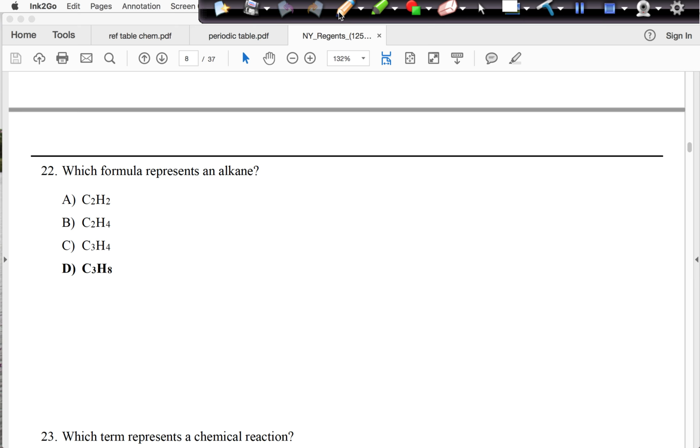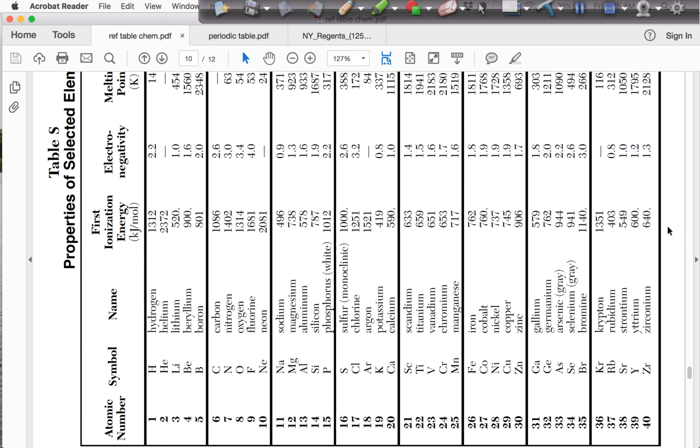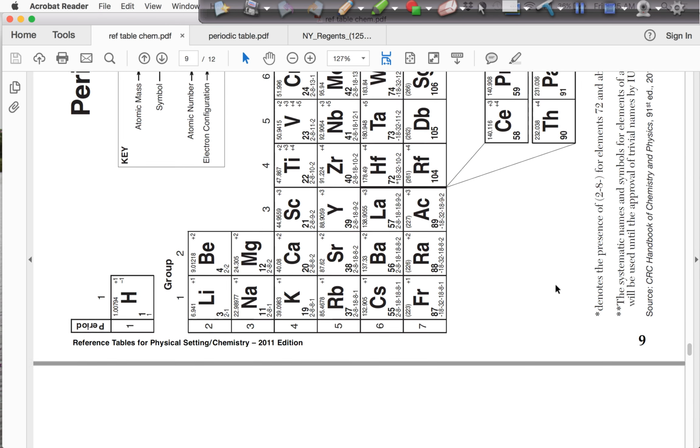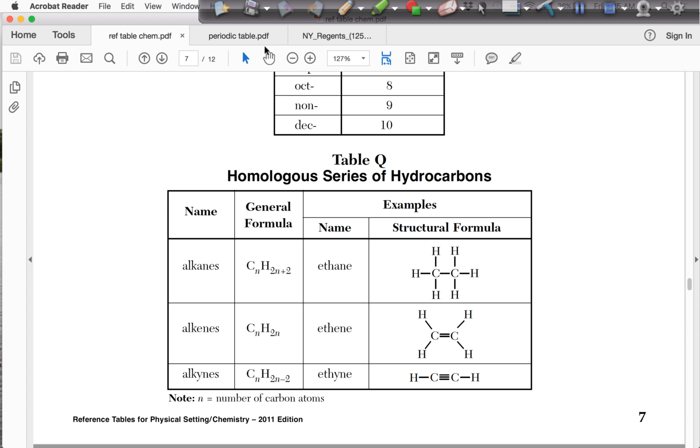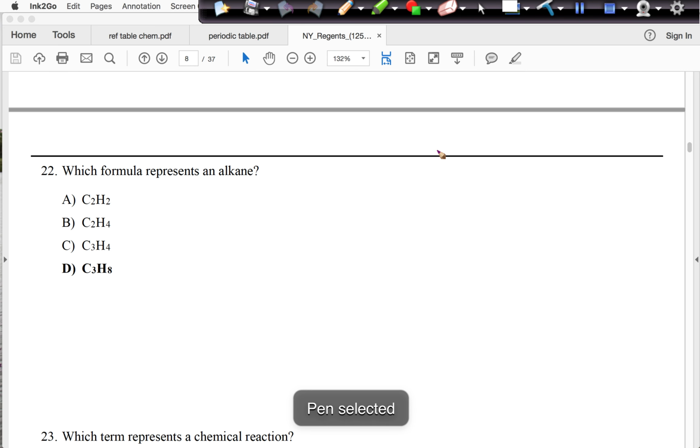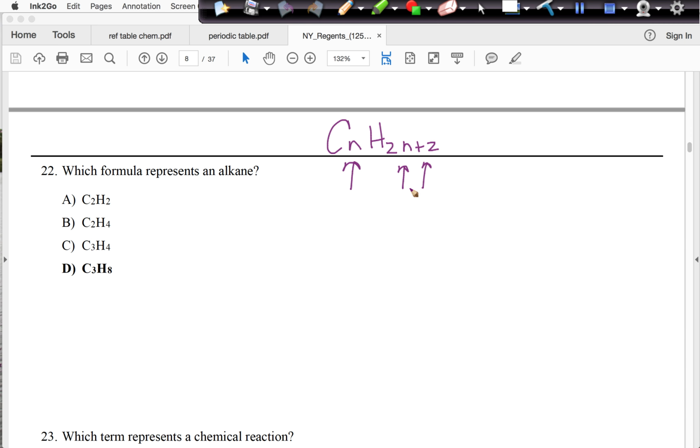Which formula represents an alkane? We're going to look at the reference tables, and we're going to look at table Q. When we look at table Q, it says that alkanes have the general formula CnH2n+2. So what that means is that the number of carbons has to be doubled, and then you add 2 to get the number of hydrogens.